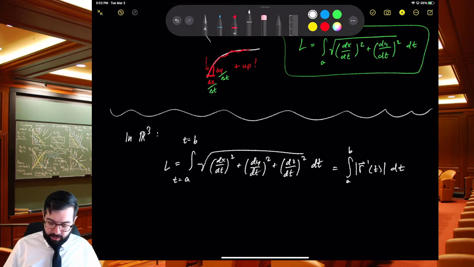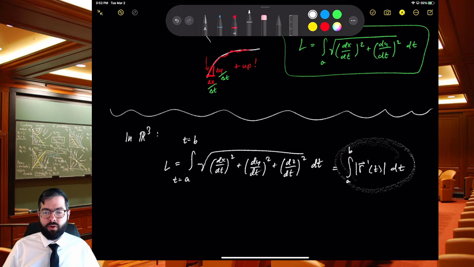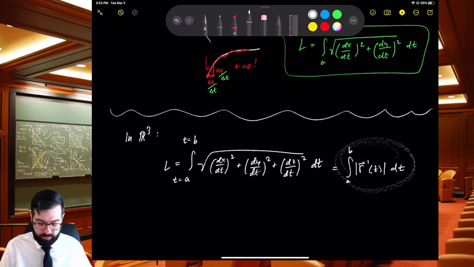Okay. This is at least not dependent on the coordinate system that we're in, right? Eventually we're going to change coordinate systems, and this is not going to help us.